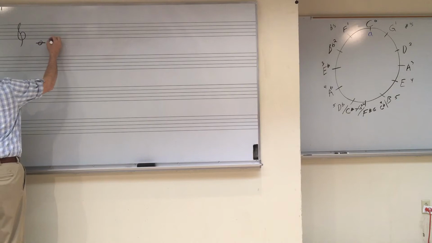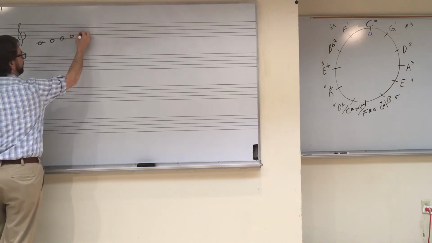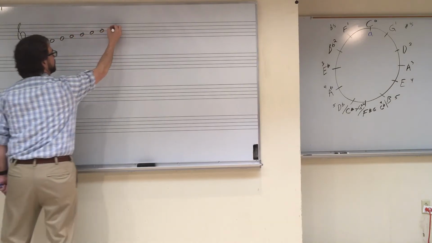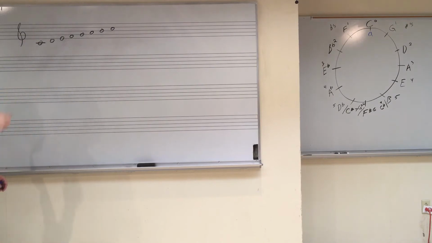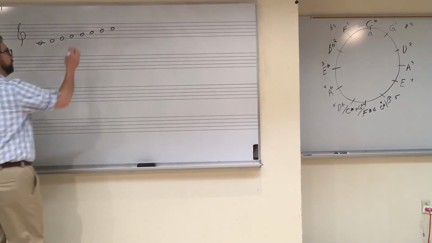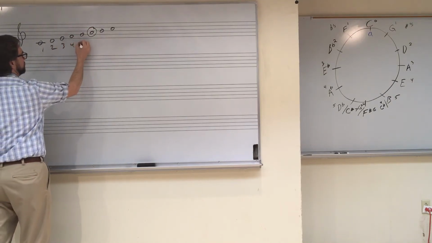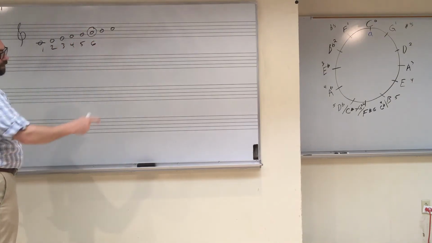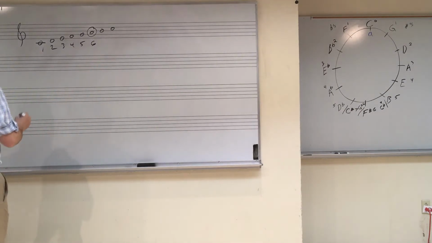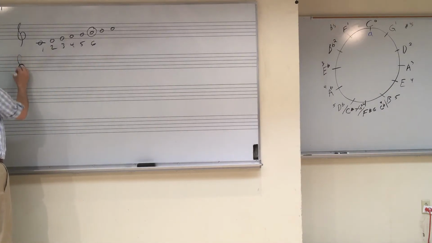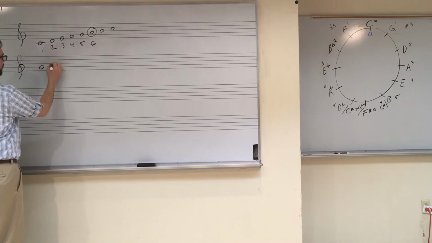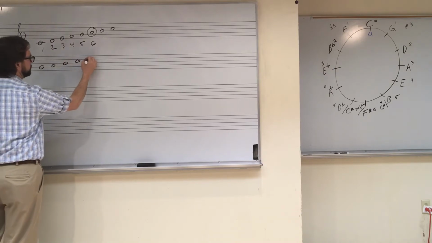So C, D, E, F, G, A, B, and C. So if I count up to the 6th scale degree on here, what do I have? A. I have this note here. So let's take our next key, the key of G. I'm going to start on G, and just write all my notes in first.